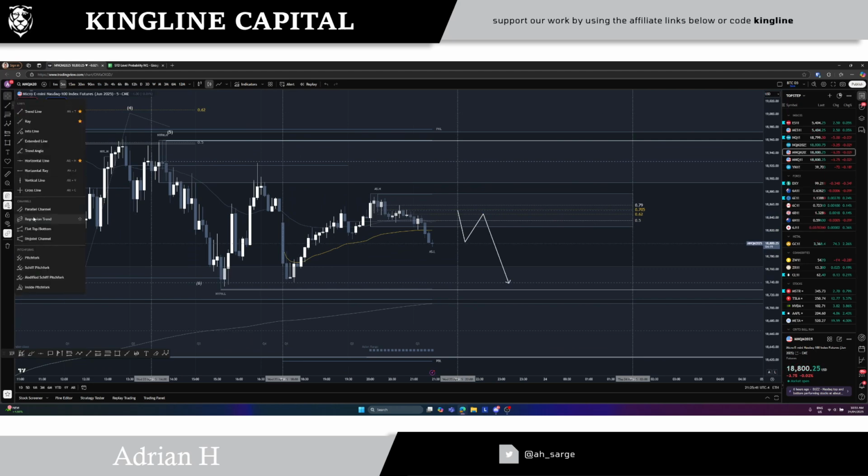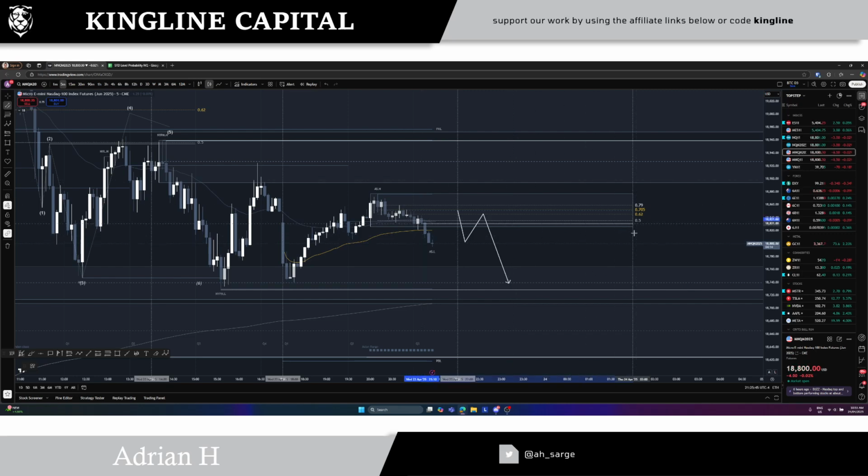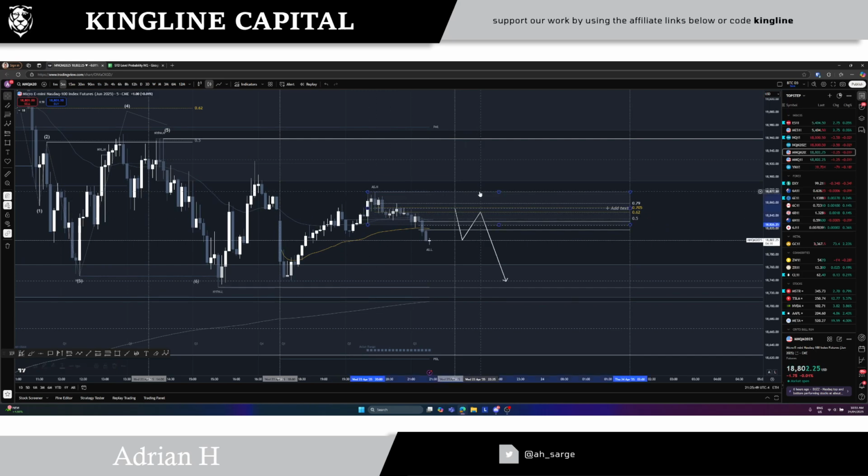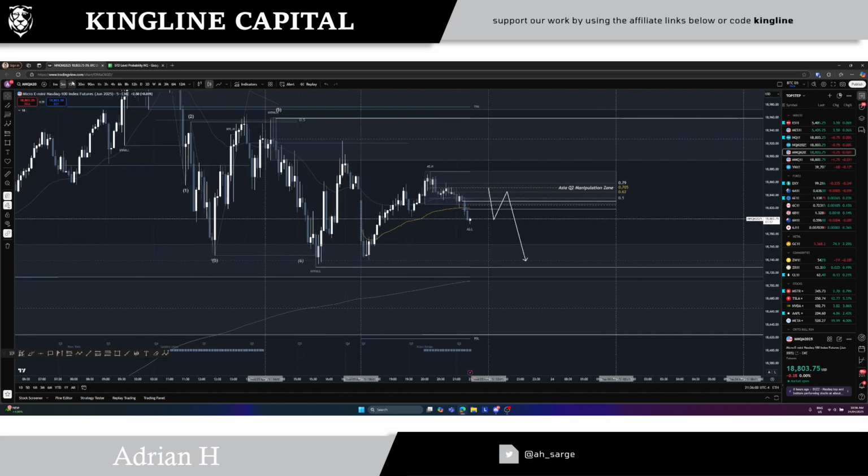And we draw out PD arrays within the zone. We'll call this one our Asia Q2 for now. And we can do a deviation of that.